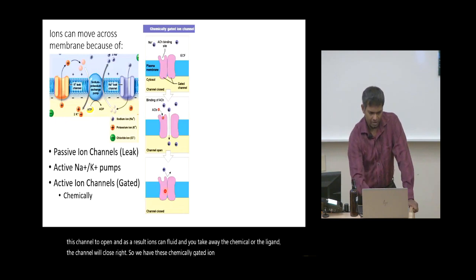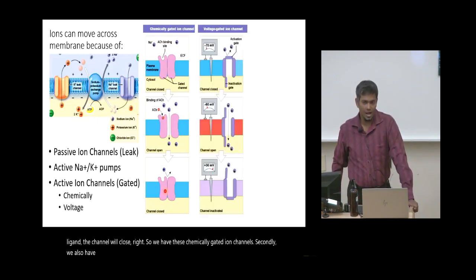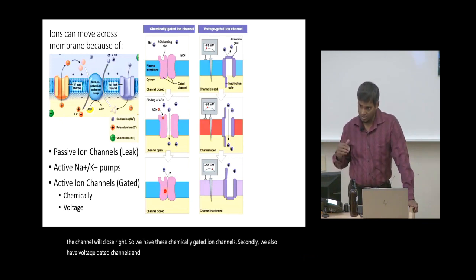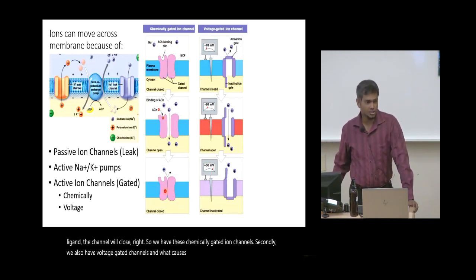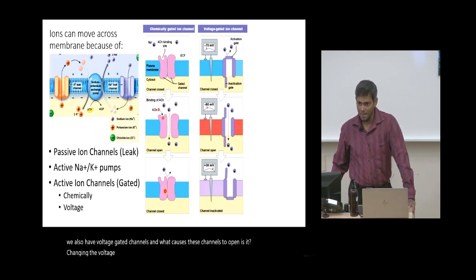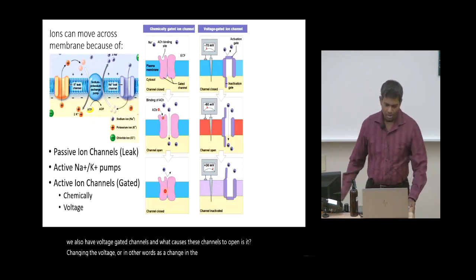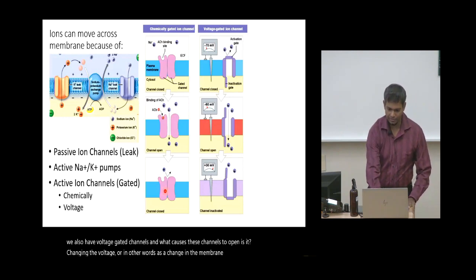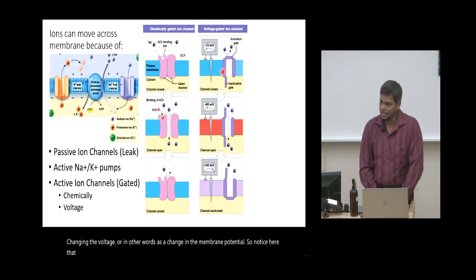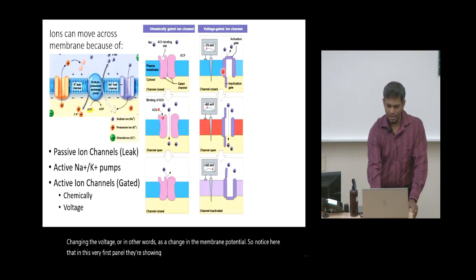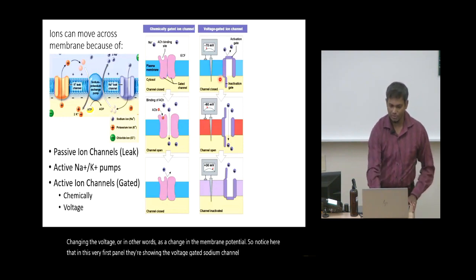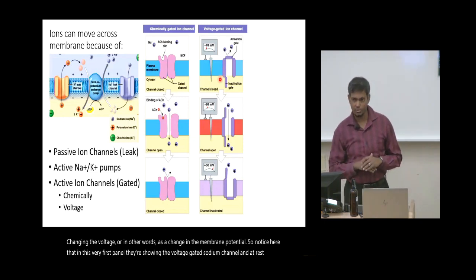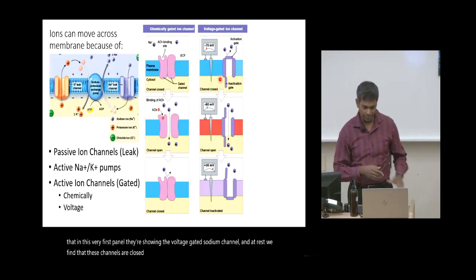Secondly, we also have voltage gated ion channels. And what causes these channels to open is a change in the voltage, or in other words, a change in the membrane potential. So notice here that in this very first panel, they're showing the voltage gated sodium channel, and at rest, we find that these channels are closed, and so no sodium can flow in.